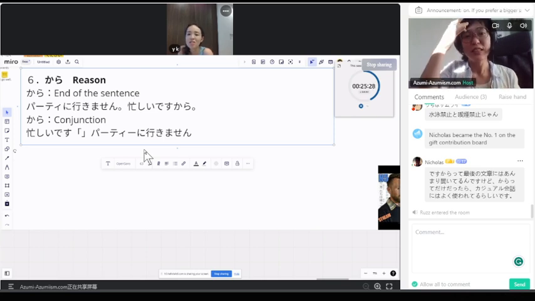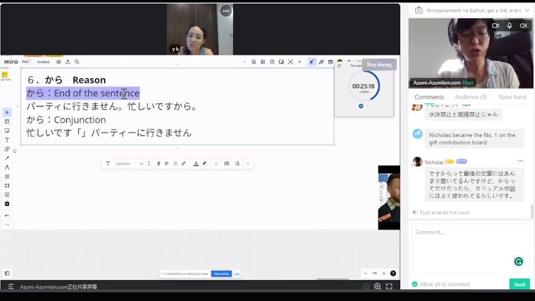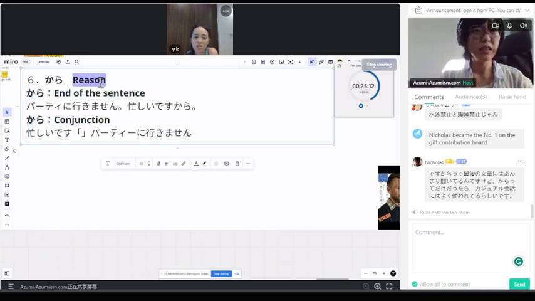So it's really normal. Then what does the Genki textbook bring up here? I know he said, so here's the thing. There's two usages: kara at the end of the sentence, and kara as a conjunction. And he kind of expresses his disappointment.